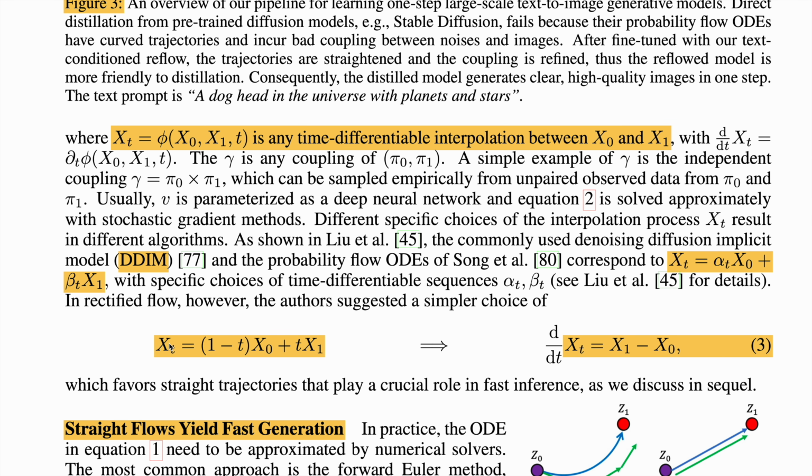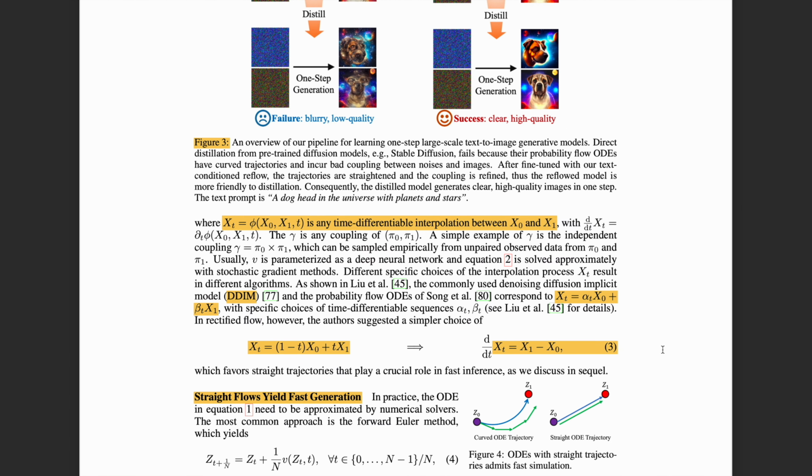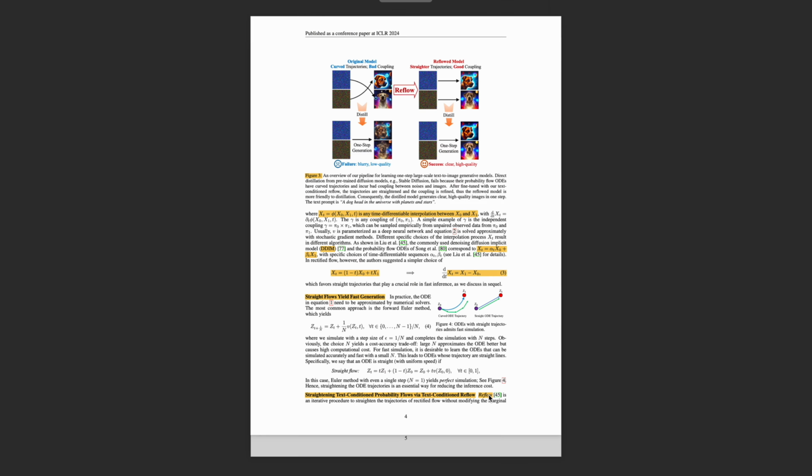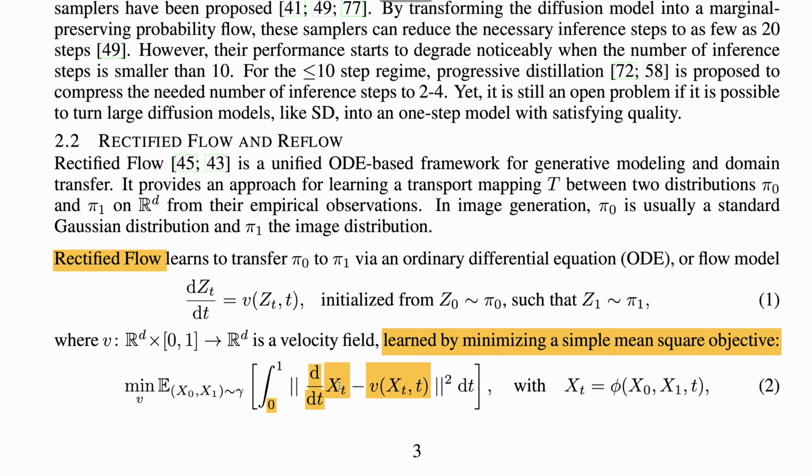We say xt equals (1 minus t) times x0 plus t times x1. That means the derivative of xt with respect to time is very easy: it's x1 minus x0. So the training objective of Rectified Flow is very simple: the model learns the difference between x1 and x0.